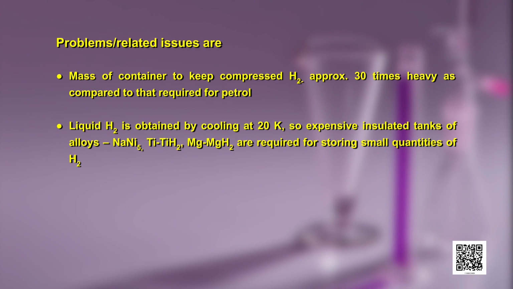If we want to store it, we have to cool it to 20 Kelvin temperature, and so expensive insulated tanks of alloys such as NaNi5, Ti, TiH2, Mg, MgH2 are required for storing even small quantities of dihydrogen.